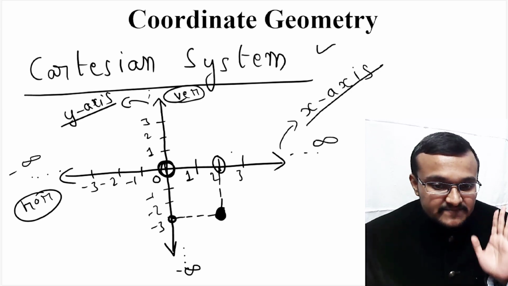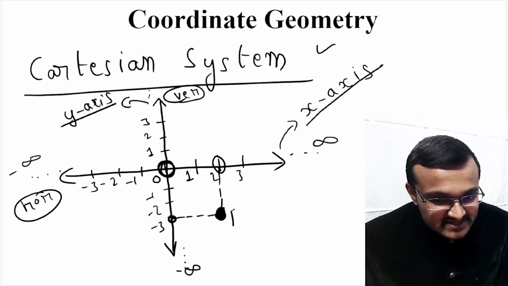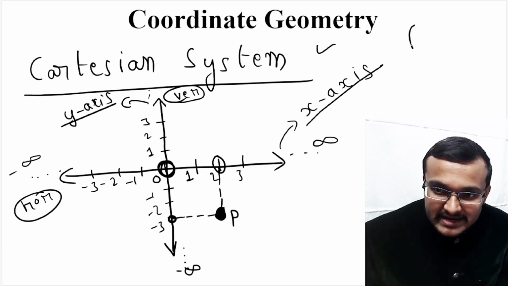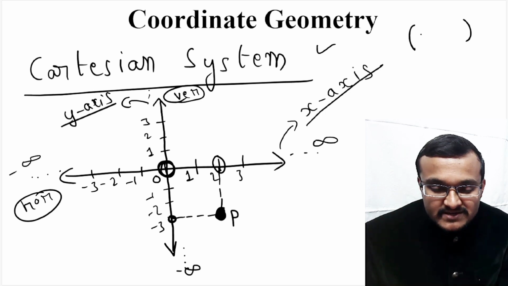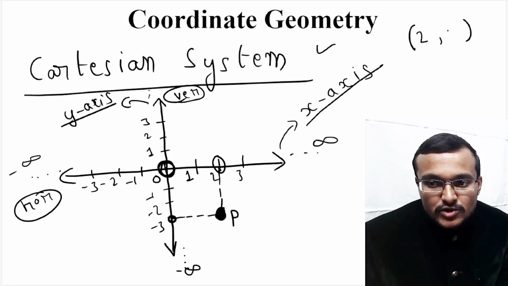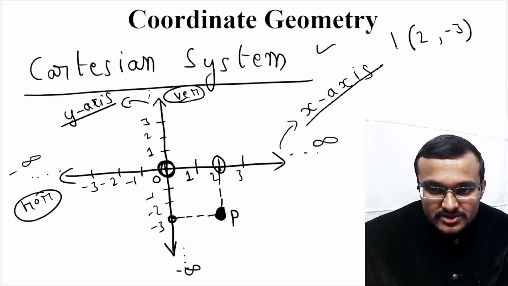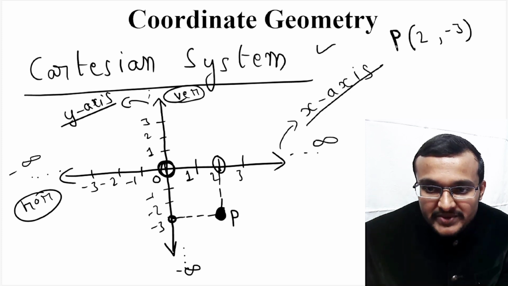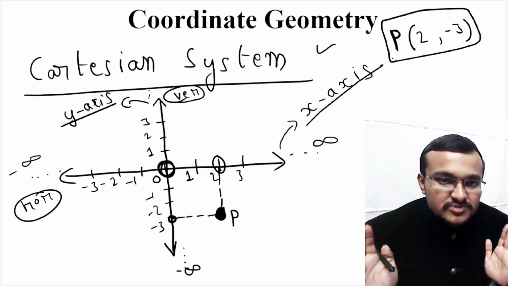Now to locate the position of this point, let's say this point is P, we use open brackets, and in these brackets the first number you write is the x-axis number and the second number is the y-axis number. Outside you name the point, and we have named this point P. So P of 2, -3 is the position of this point.